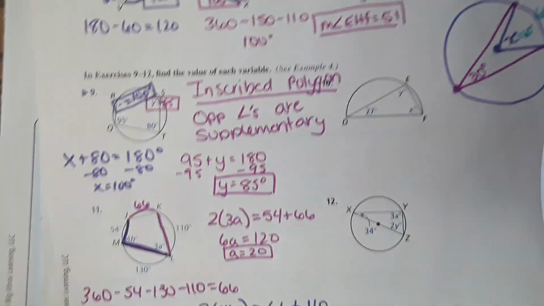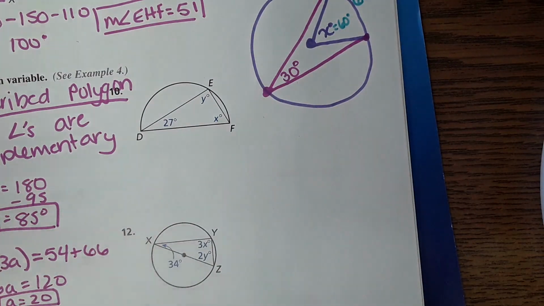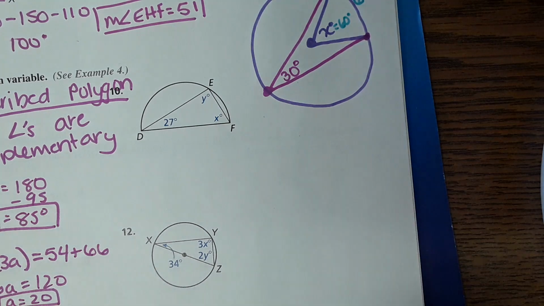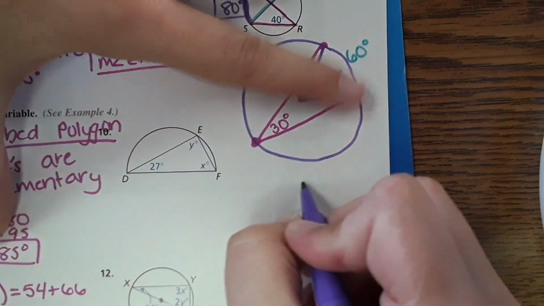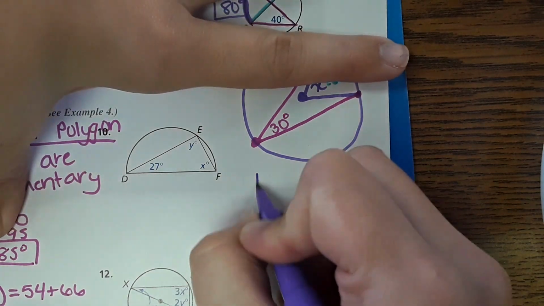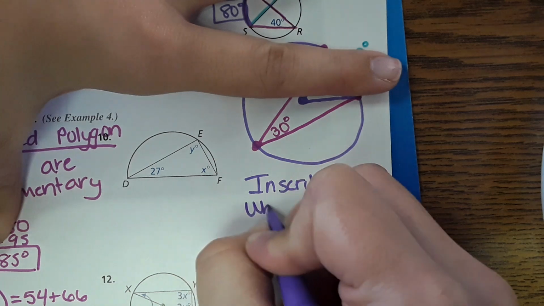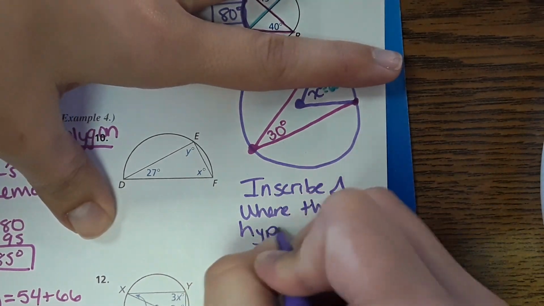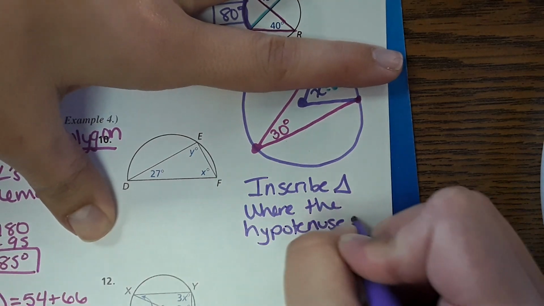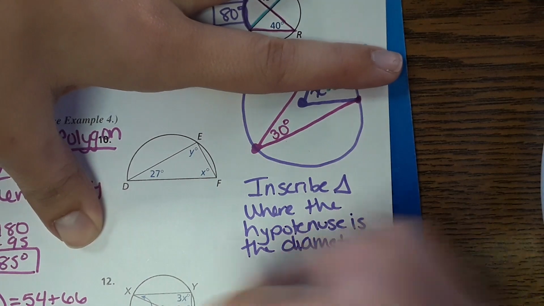Okay, new concept. New-ish concept. Actually, it is new. Okay, so here we have a triangle. We've talked about quadrilaterals. For the triangle, when you have an inscribed triangle where the hypotenuse is the diameter of a circle.